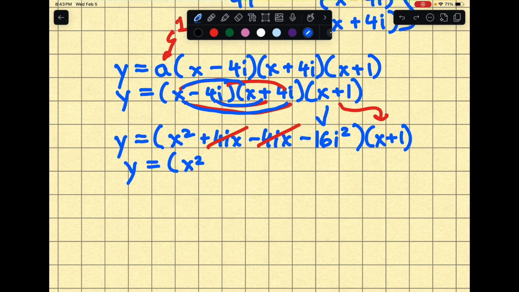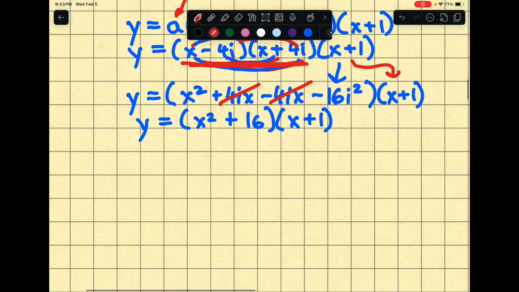But since i squared is negative 1, it becomes minus negative 16, or x squared plus 16. Right, that simplifies. And then we've still got this last factor we haven't done anything with yet, which is the x plus 1. So good, now we've simplified this down. We've taken these two factors, multiplied them together, and gotten a new binomial, x squared plus 16. So now we have x squared plus 16 times x plus 1.